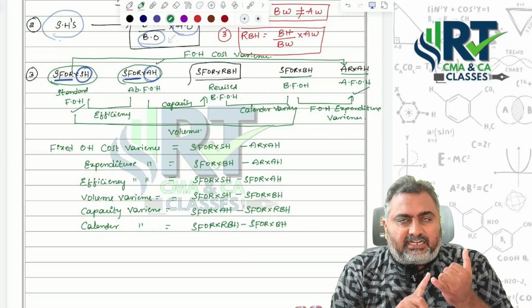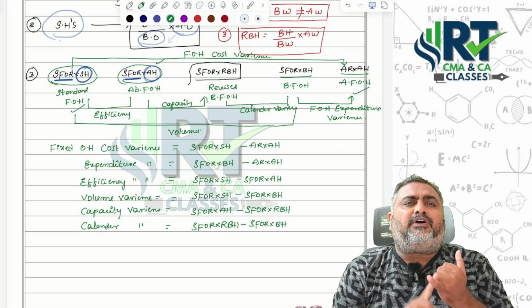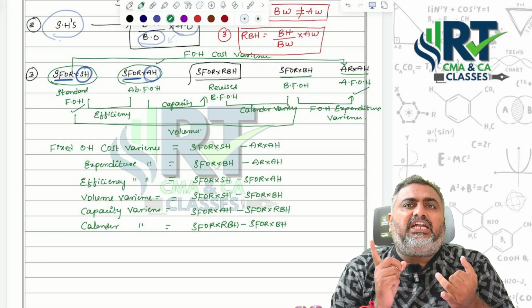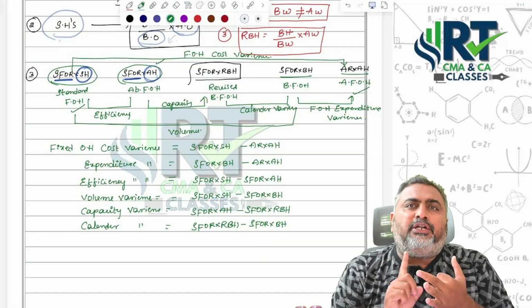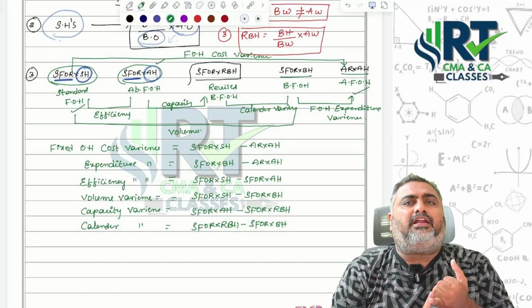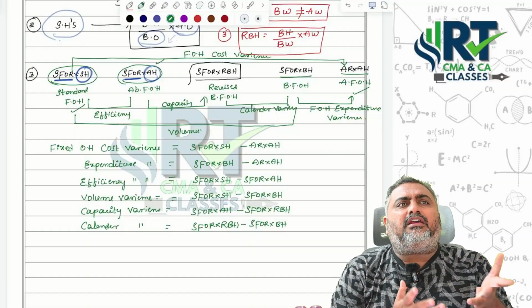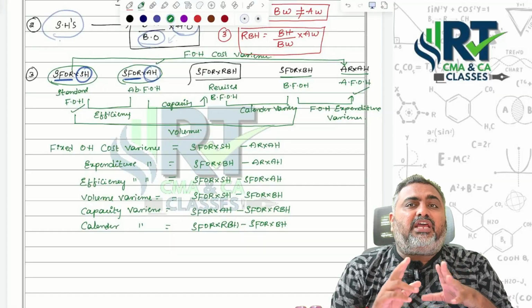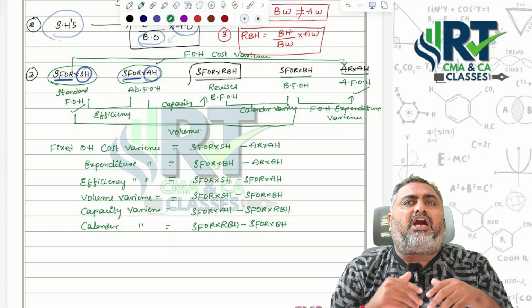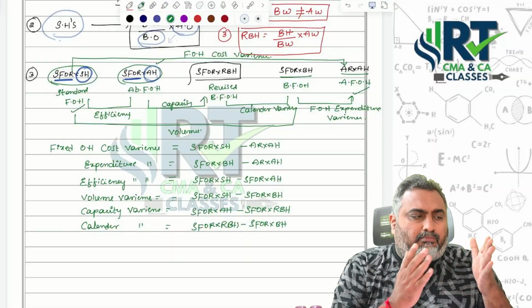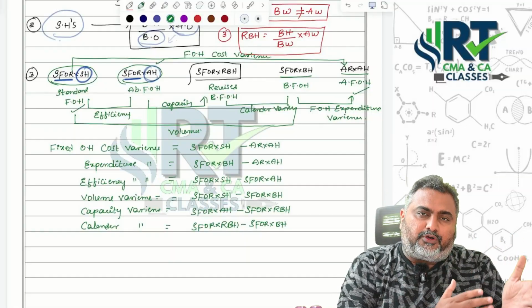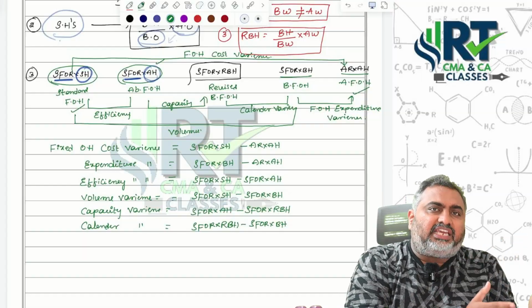Sir, how to compute the standard hours? Budgeted hours divided by budgeted output into actual output, then we are calculating the standard hours. If there is no output, we can't calculate the standard hours. At the same time, if you don't know budgeted hours, you can't calculate the standard hours. So budgeted output and actual output are linked with budgeted hours.